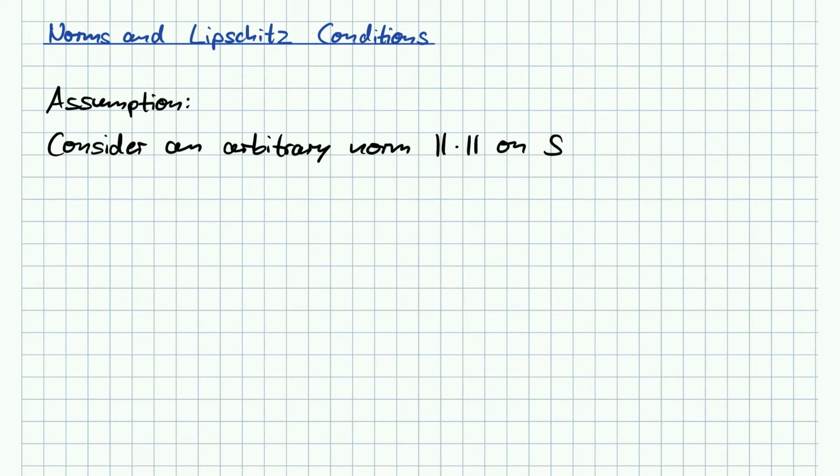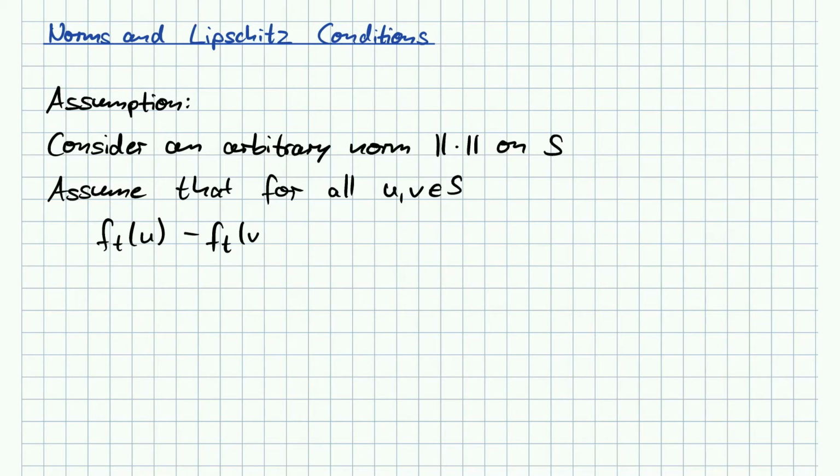And the length of this vector is defined by its norm. And now what we assume is that for any two points u and v, the function value at u minus the function value at v is no more than L times the norm of u minus v.